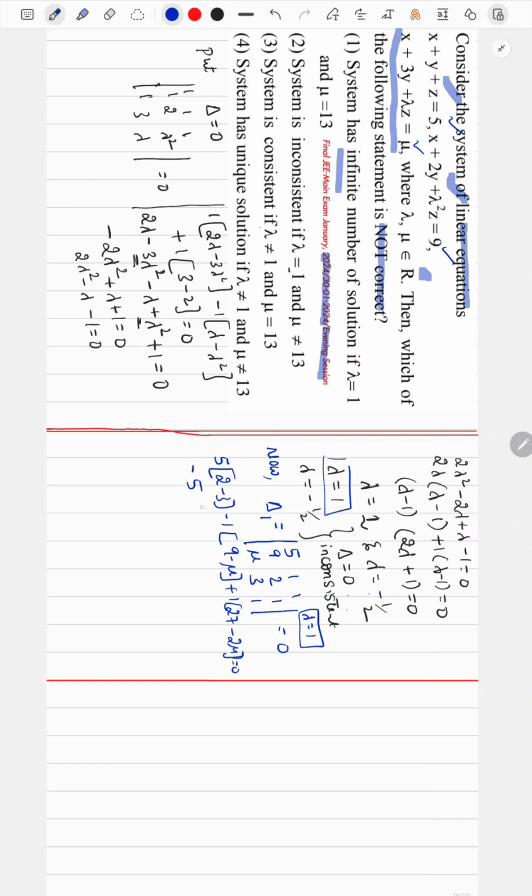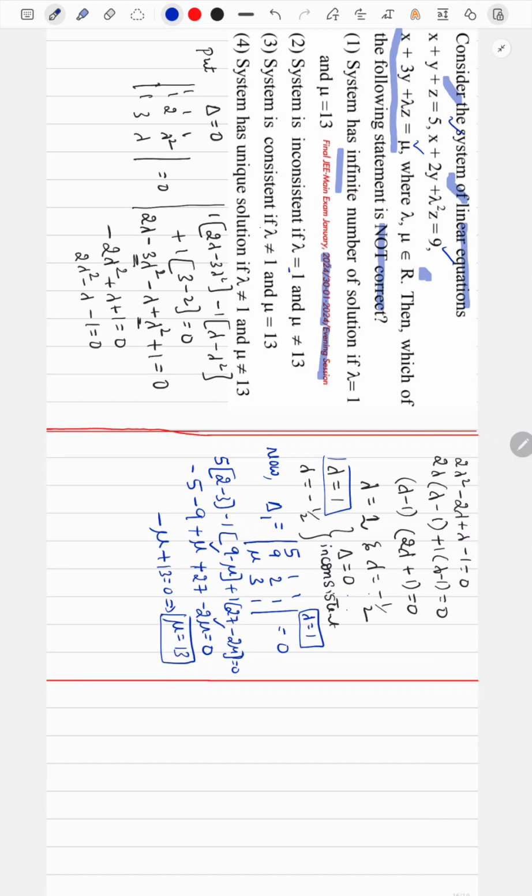Minus 5, take the negative sign inside the bracket, minus 9 plus μ plus 27 minus 2μ equals 0. Plus μ minus 2μ is minus μ, minus 5 minus 9 is minus 14, minus 14 plus 27 is plus 13 equals 0. That implies μ equals 13.